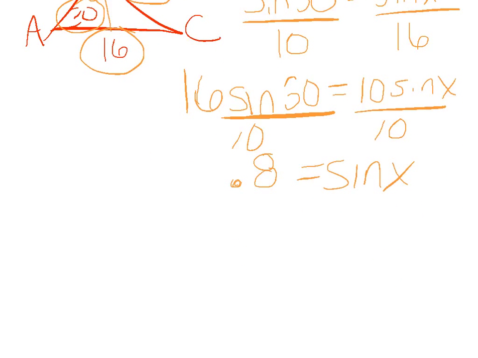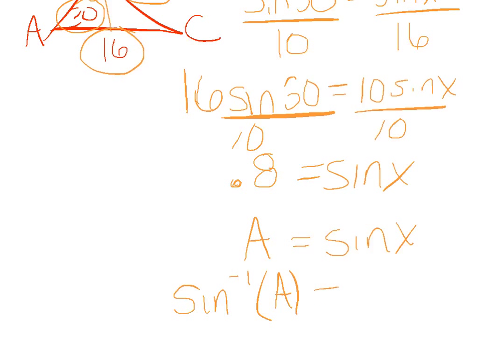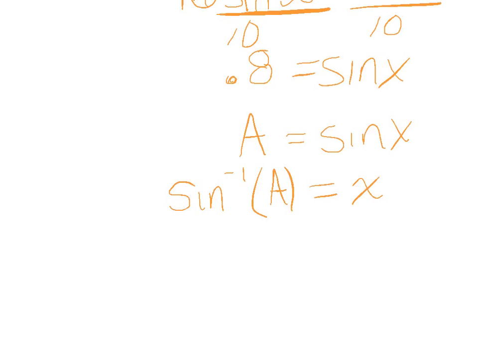I'm going to store the 0.8 anyway into alpha A equals sine of x, and I'm going to take the inverse of both sides to solve for x. And when I do that, I get 53.13, so I'm going to round that to 53 degrees.